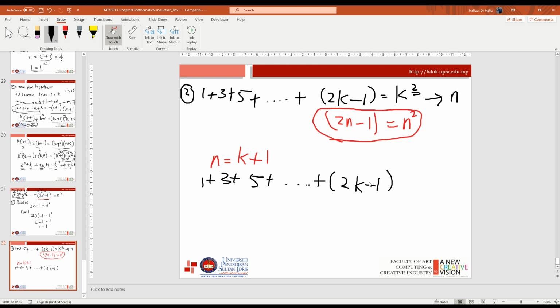Okay, so 2k plus 1 kita pluskan dengan 2k plus 1 minus 1. Boleh?